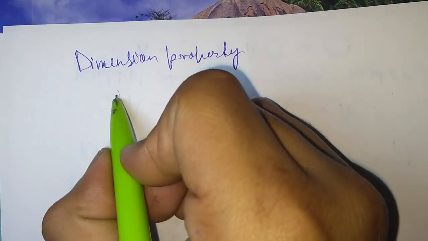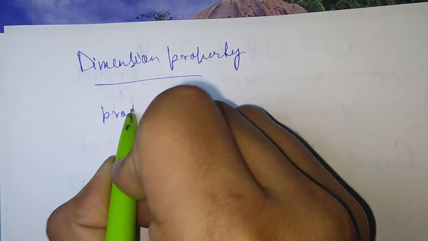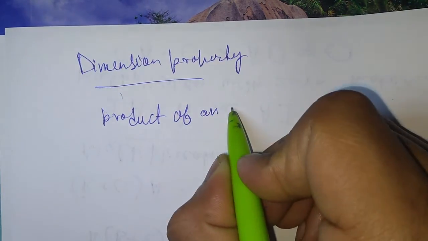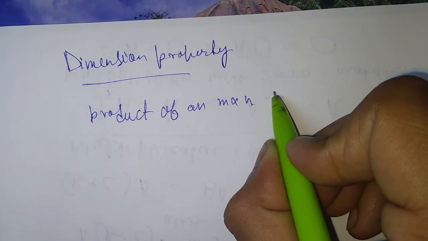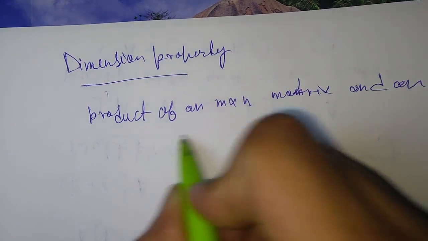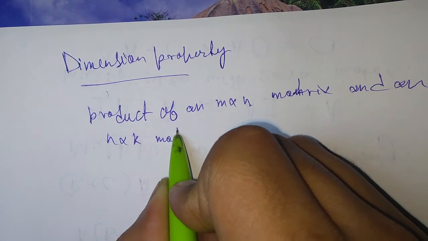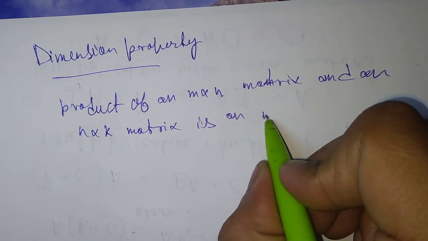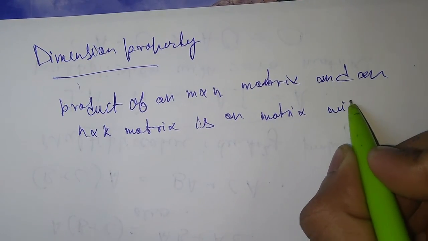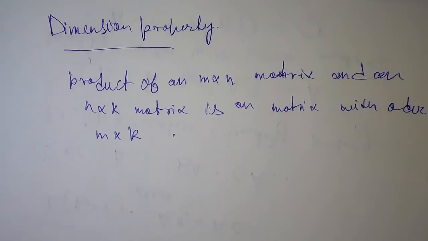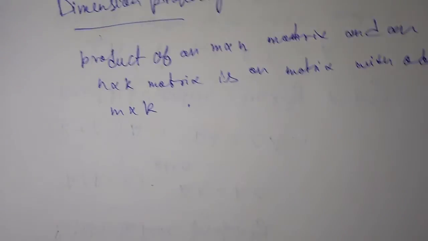It states that the product of an M by N matrix and an N by K matrix is a matrix with order M by K. This was all in the properties of matrix multiplication.